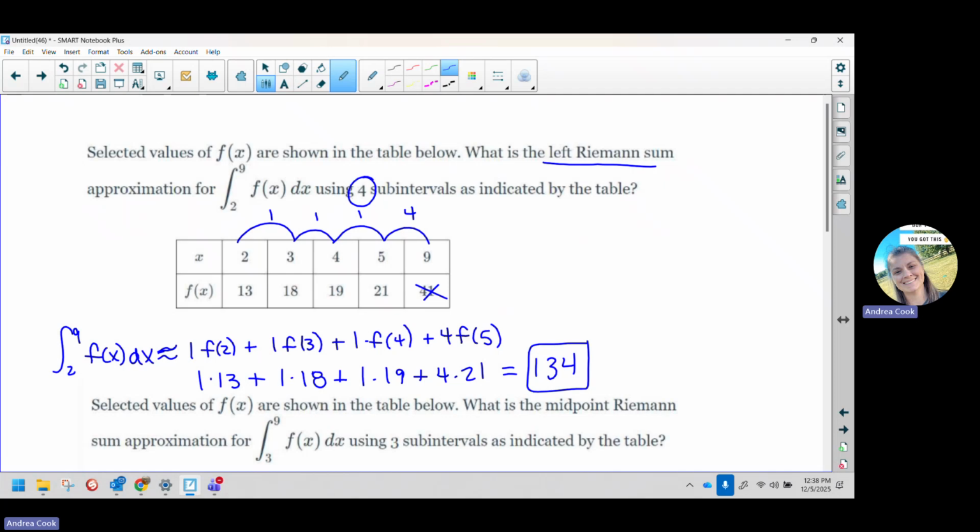A lot of people are asking me, do we have to write the f of x? I'm going to tell you, on Monday we are going to be doing these problems, and instead of a table, I'm going to give you an equation. You're going to be using your calculator, and you're going to want to type it in your calculator using like Y1.